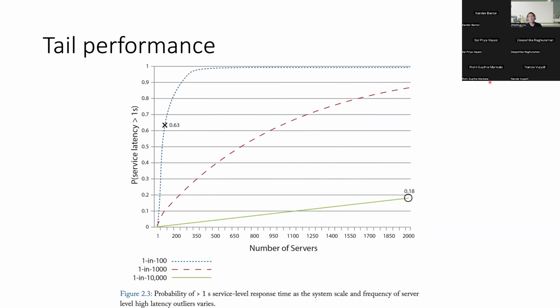Tail performance. This is something I will explain in more detail, because this is very important. For this figure, the horizontal axis is how many servers you use. It can be one, or at the most 2,000. And the y-axis is the probability that the service latency is larger than 1 second.